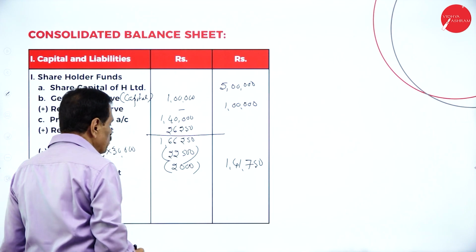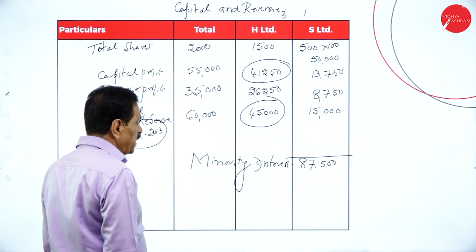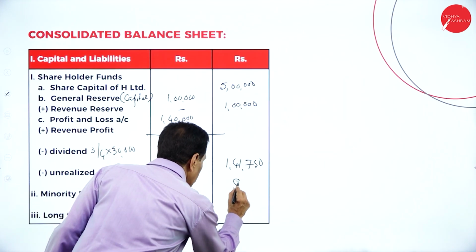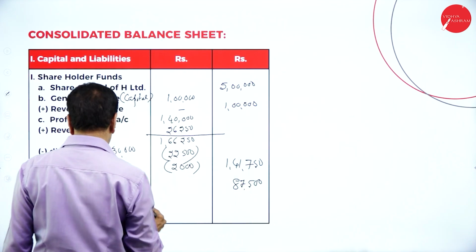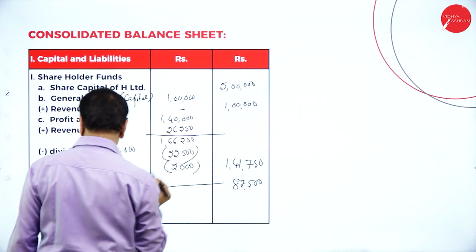This is it. Then minority interest, 87,500. This is your minority interest.